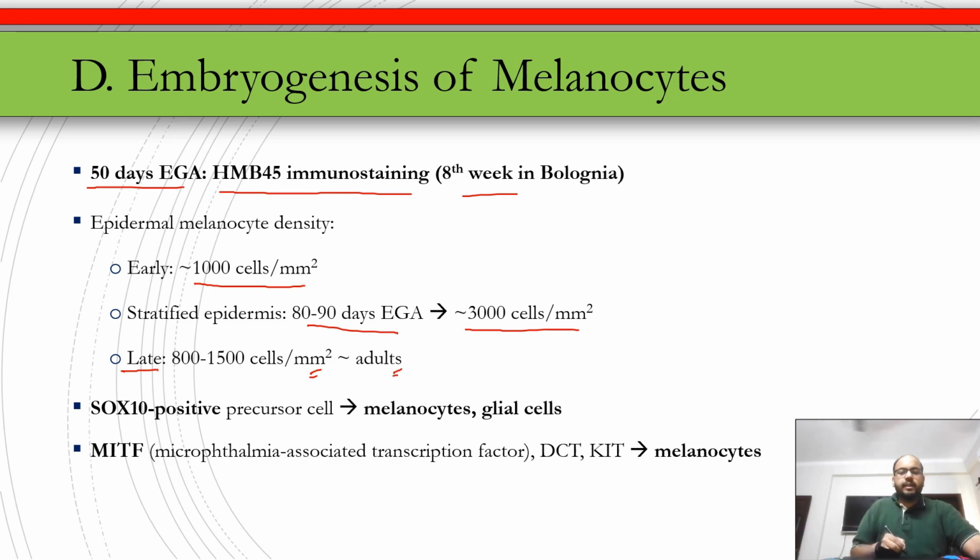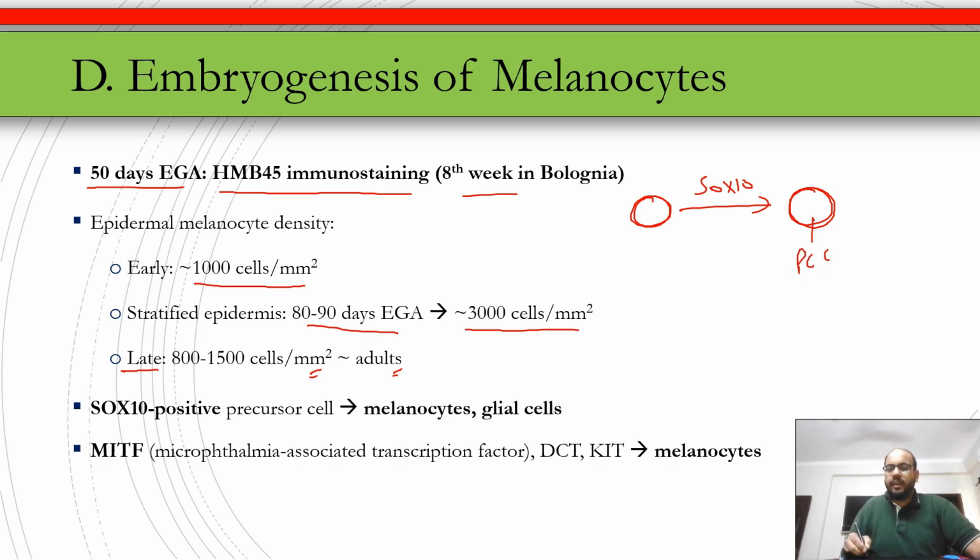Now, you have a progenitor cell under the action of SOX10. SOX10 positive cells will form another precursor cell. Now, this precursor cell, if it gets activated by MITF, microphthalmia associated transcription factor, will become a melanoblast.